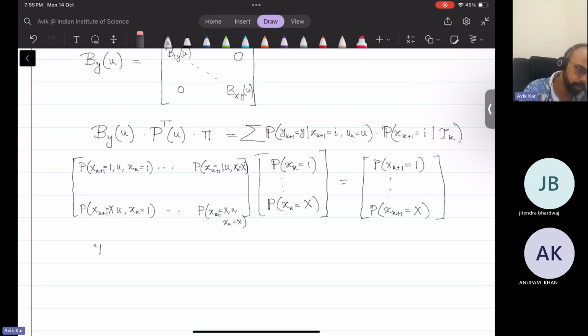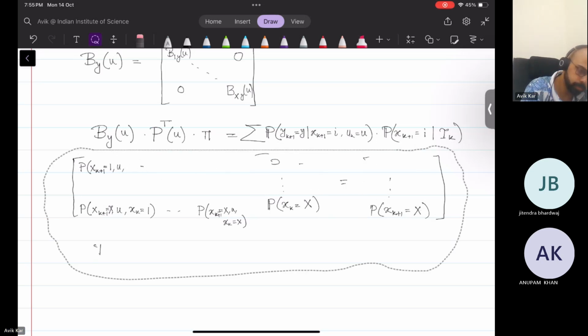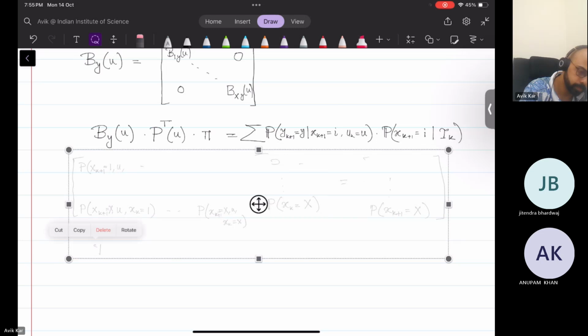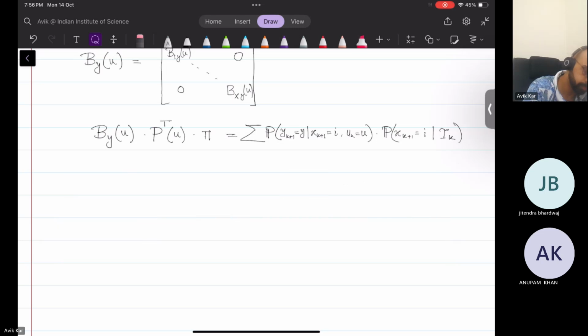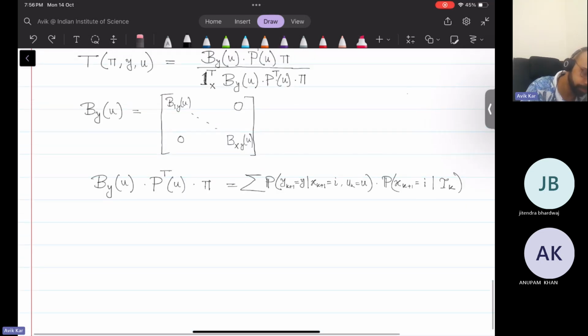So what does this mean is, I'm erasing this second line, and the sum is over i, that is the state at current time k+1.